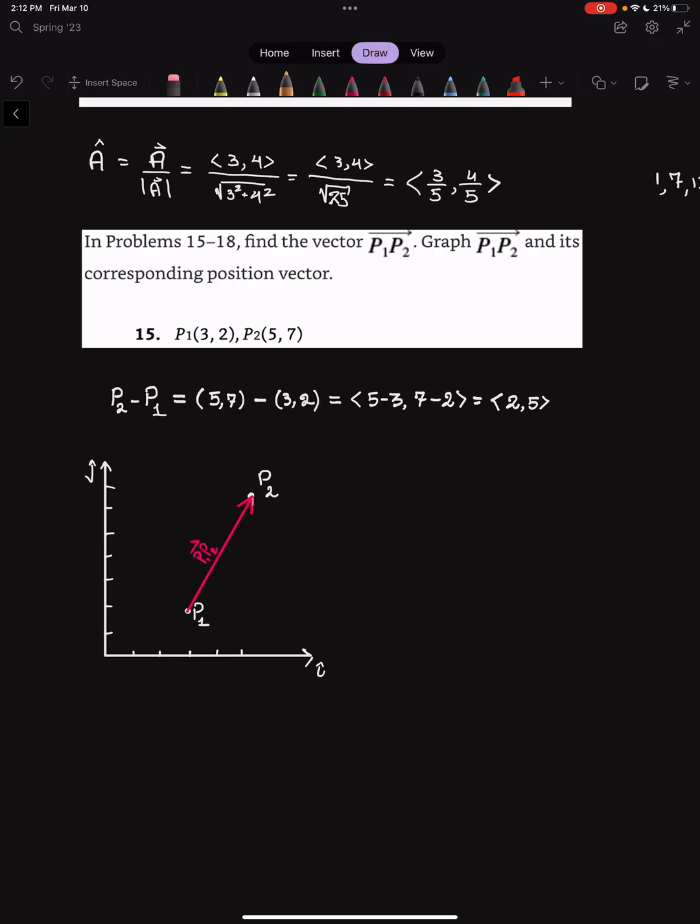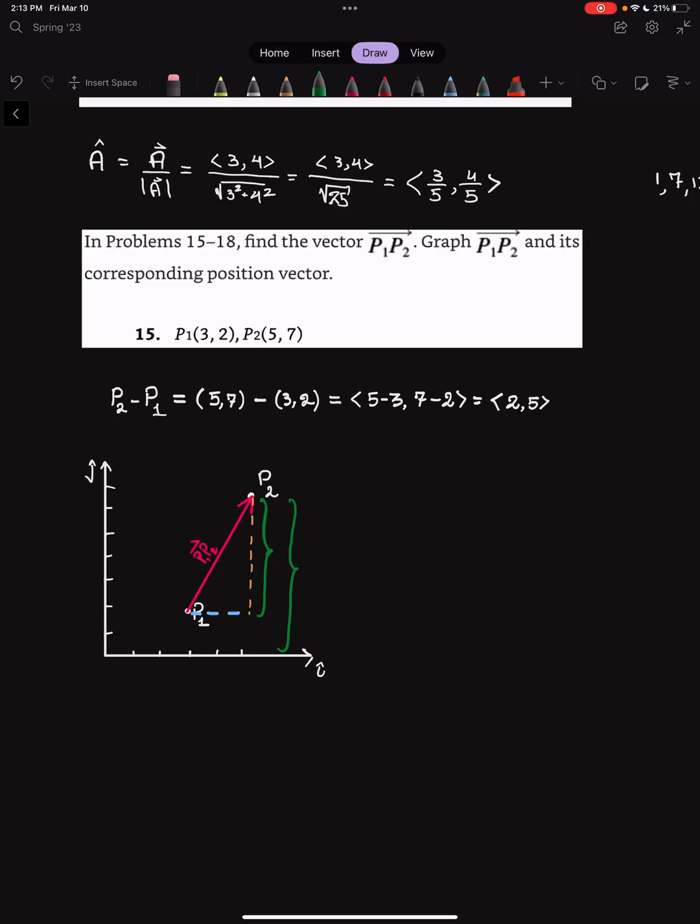Well, the components are made up of vertical and horizontal because we're dealing with 2 dimensions. So how would I find this one? It turns out to be this whole length minus this whole length.